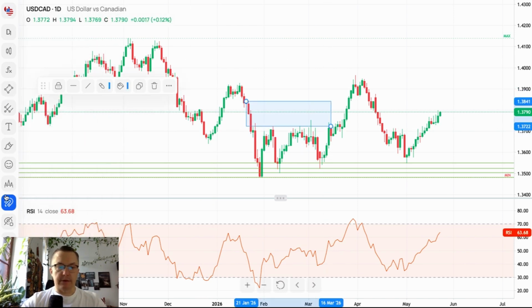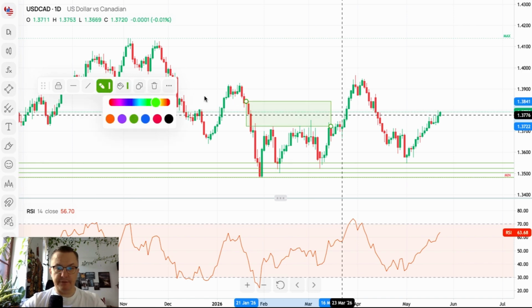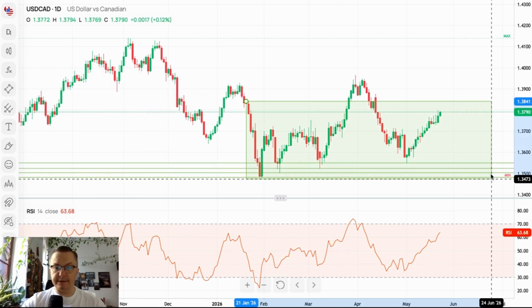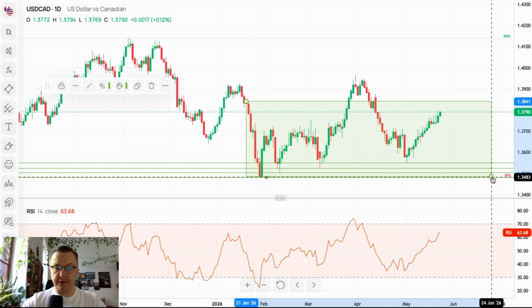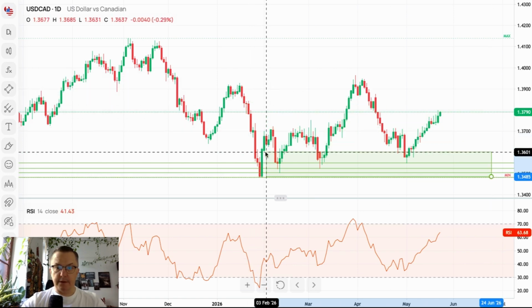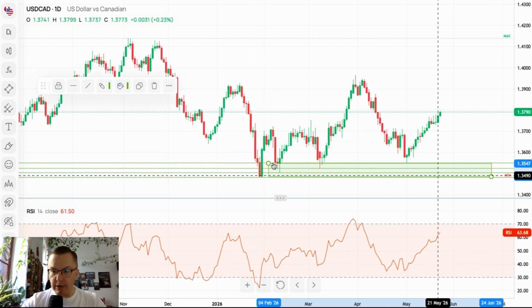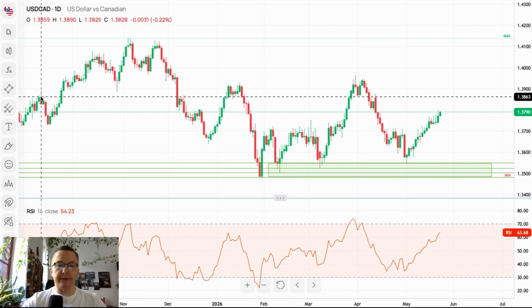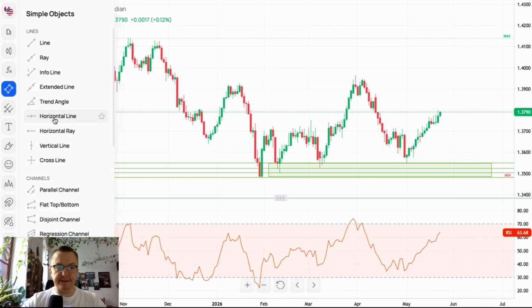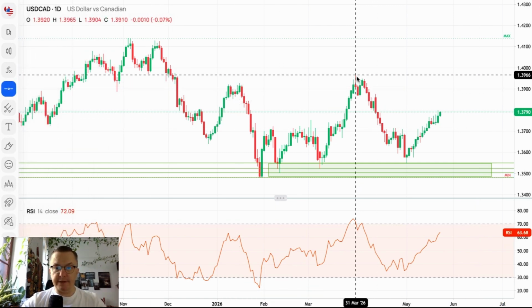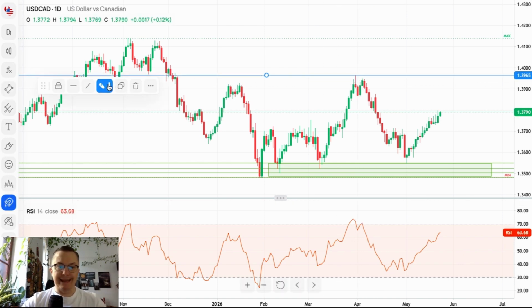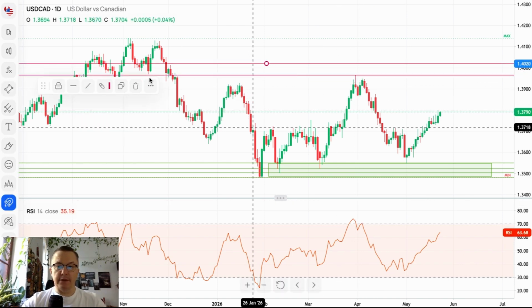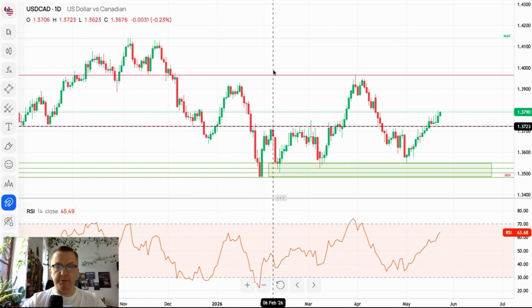So pretty solid, as you can see, pretty solid demand zone. Right, so let me just place this here for the demand zone, and we got this on a daily time frame chart, a very, very solid demand zone. Dips are being bought roughly around this zone. Now the technical resistance is located, obviously, here, 1.3965.